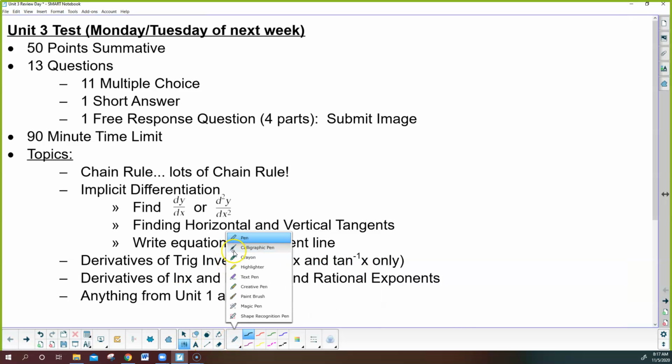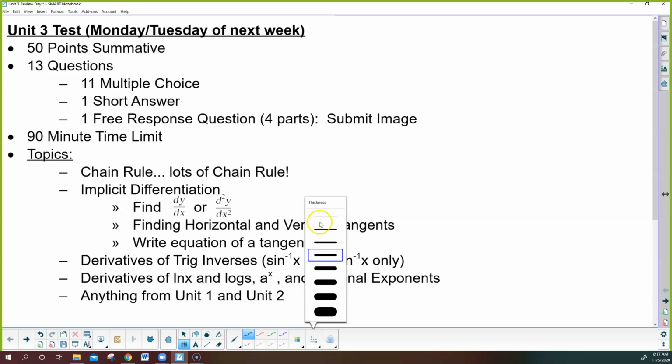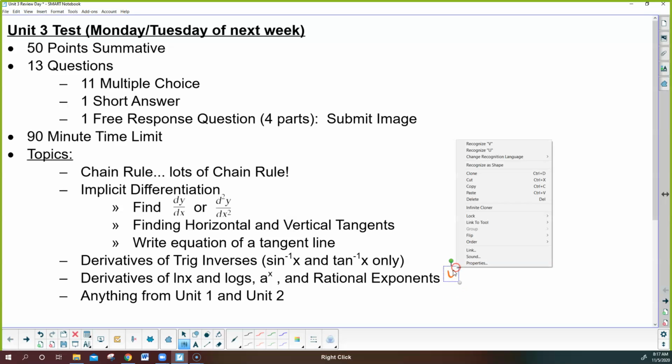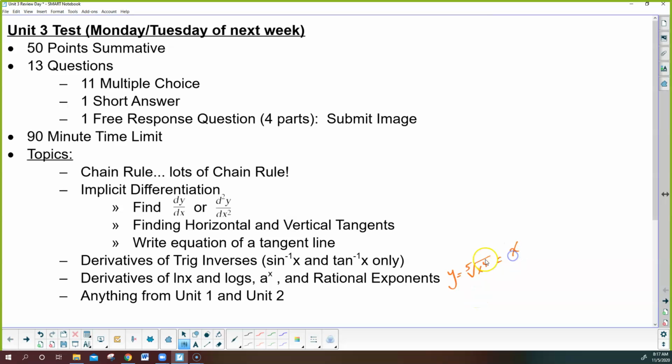Give me 1 second. So a quick example here is if I gave you something along the lines of y equals the 5th root of x to the 4th. Could you find the derivative of that? And the key is do you remember that 5th root is the same as dividing by 5?